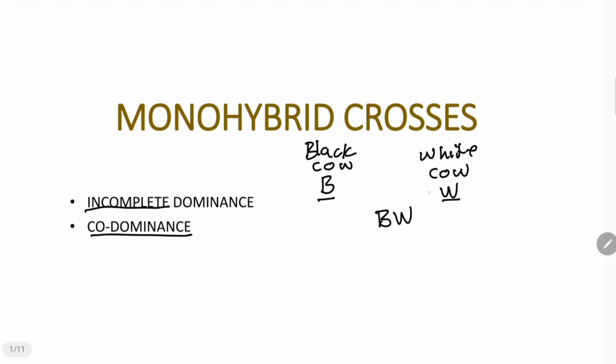When we cross them, they are going to produce a third and an intermediate phenotype, right? So a black cow and a white cow would produce, for example, a cow that is gray. So the phenotype that is produced here is different to the phenotypes of the parents. So we call that incomplete dominance. We produce a third and a different phenotype.